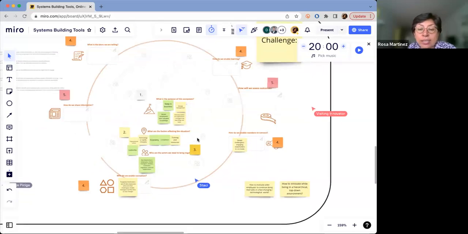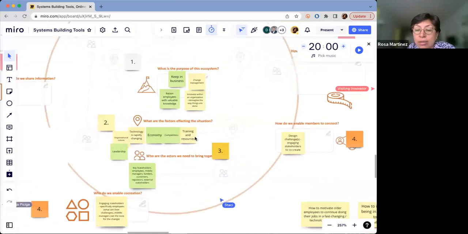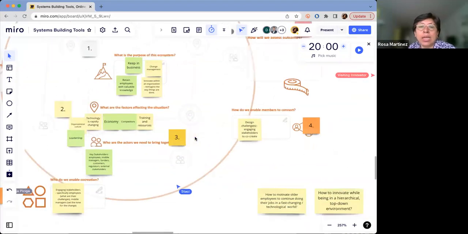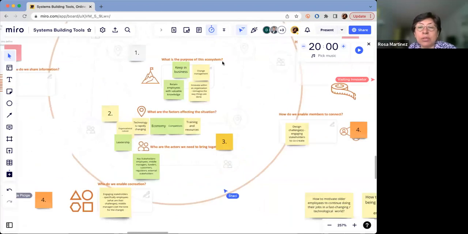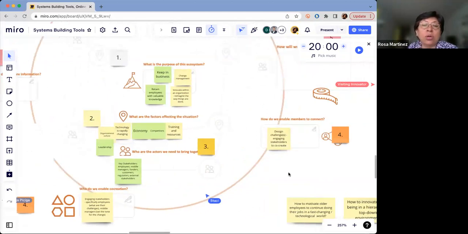So we started with the trigger here, how to motivate employees. So that led the conversation, and we came up with what the purpose of the ecosystem was, thinking to solve this: how to motivate employees to continue doing their jobs in a fast changing technological world.